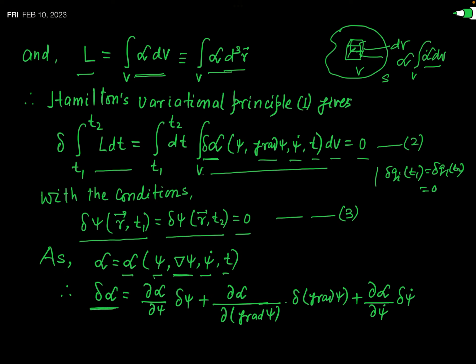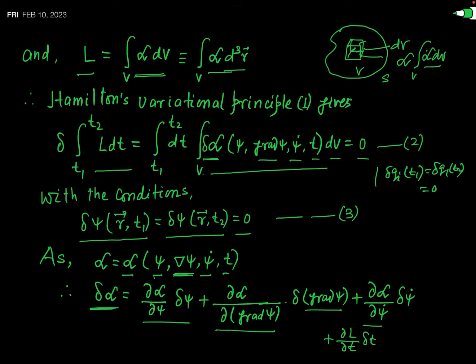That will be del L by del psi times delta psi, plus del L by del grad psi times delta of gradient of psi, plus del L by del psi dot times delta psi dot, and you can also write del L by del t times delta t.